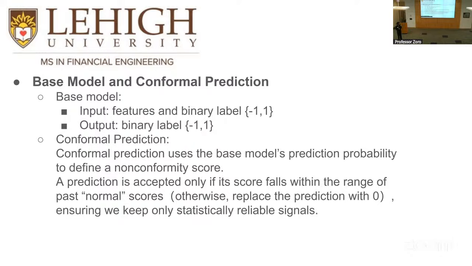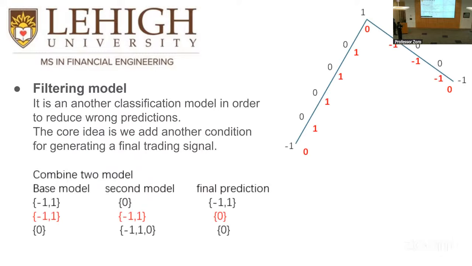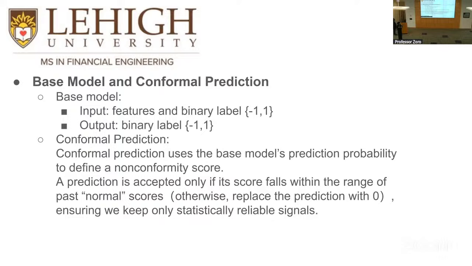But finally, we want our output to have -1, 1, and also 0, because we won't trade all the time. So we add the conformal prediction part. The conformal prediction will help us filter out the low confidence -1 and 1 and replace them with 0. So after the base model and conformal prediction, we will get output -1, 1, and 0.